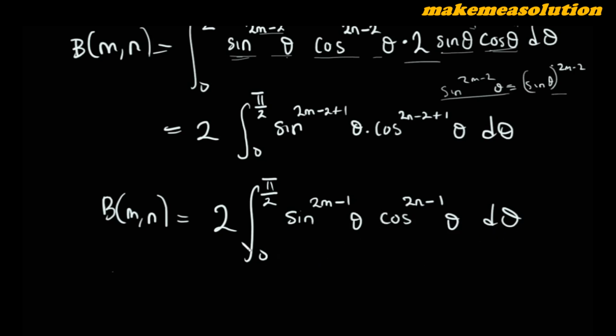So it is very important to know how to convert a trigonometric integral to its beta representation, especially when that integral is from 0 to 90. That's a quarter wave integral. So this is the trigonometric representation of the beta function.